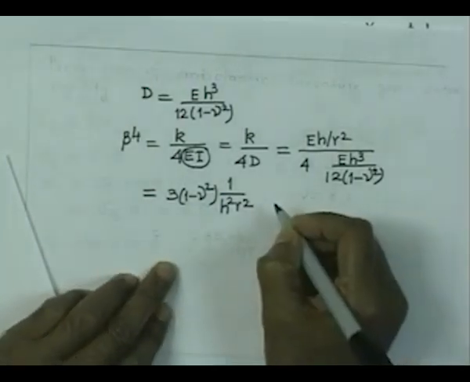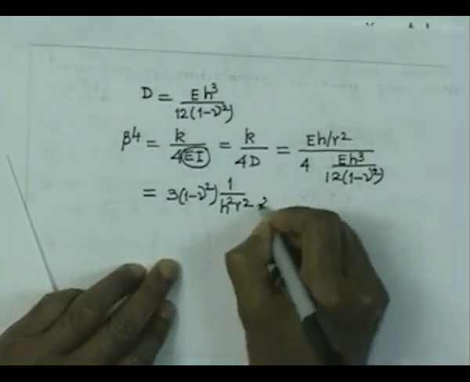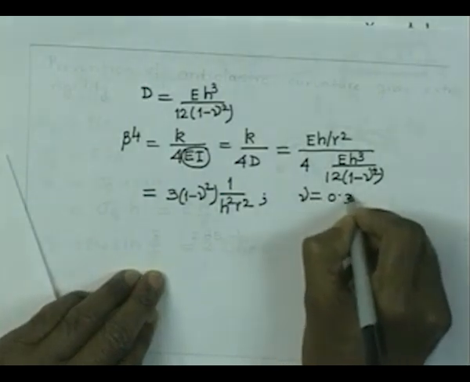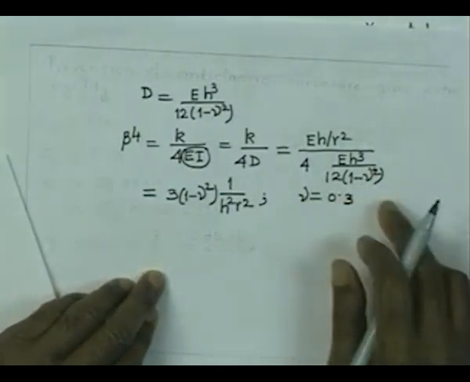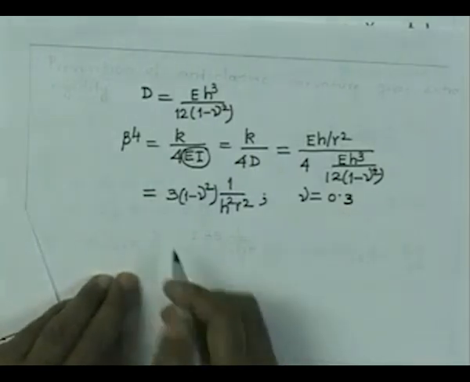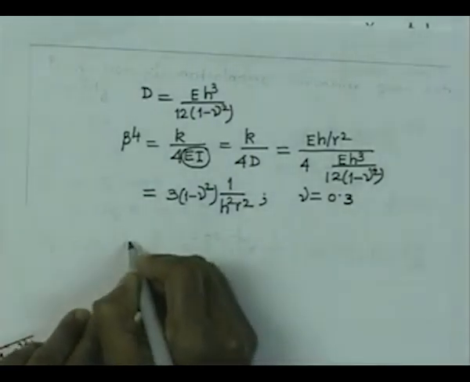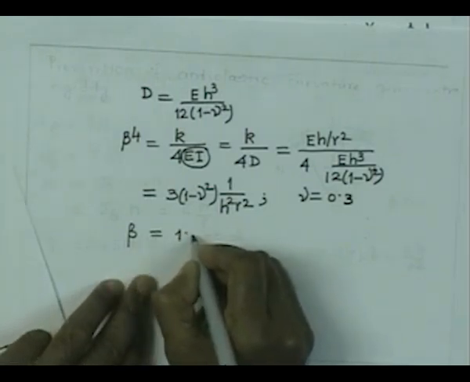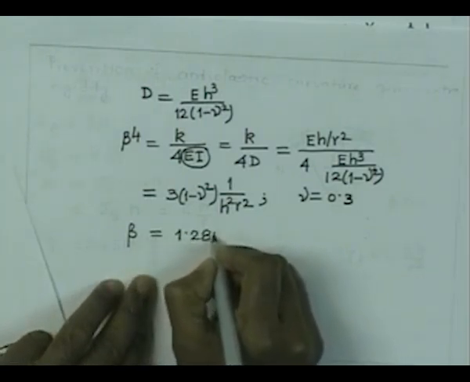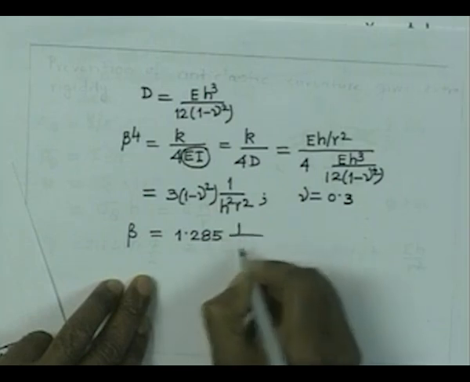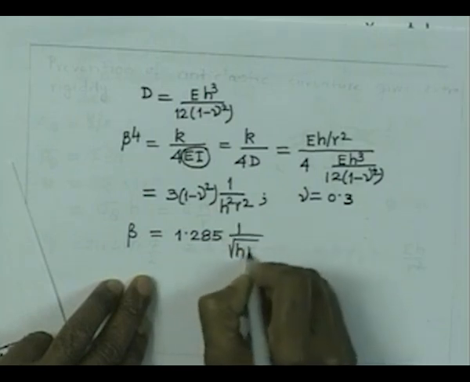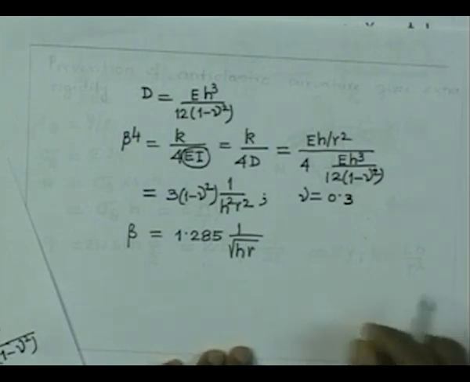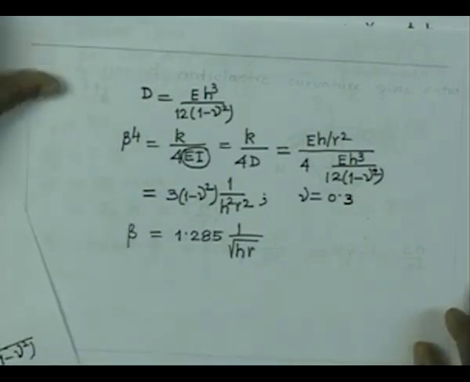And if we select this nu to be 0.3, which is generally the case for all steel, it will be approximately like this, and therefore, we can now write this beta is nothing but 1.285 by square root of h r. So, that is also something which we have obtained for the case of this pressure vessel.